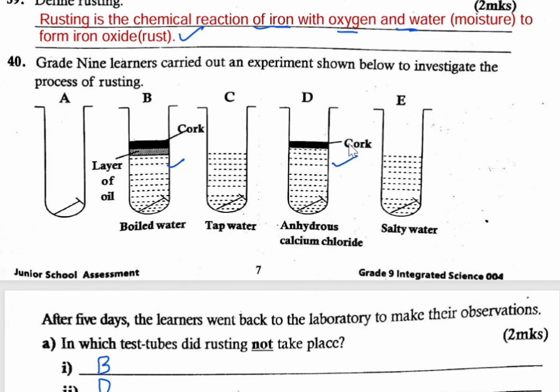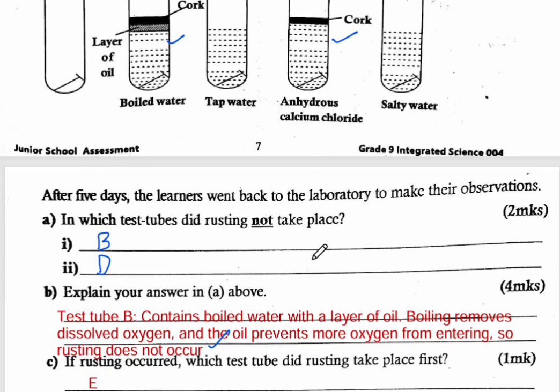You also have a cork to prevent entry of moisture. So when you have anhydrous calcium chloride, it's going to absorb any moisture present, and when the moisture is absent, then rusting will not take place. That's how you're going to give your explanation for test tube D. So you get 4 marks for explaining why you decided to choose B and why you decided to choose D.